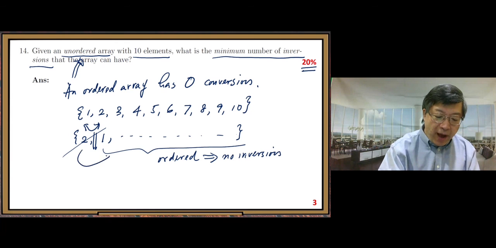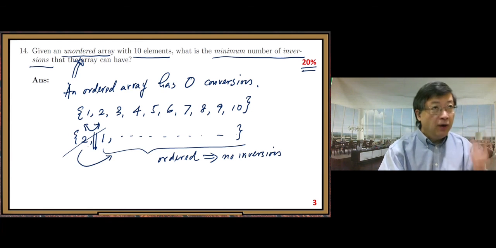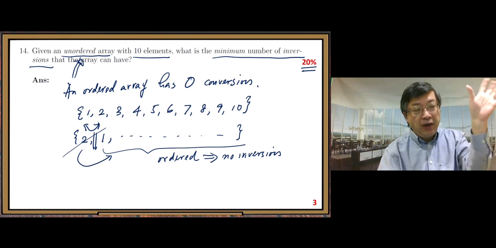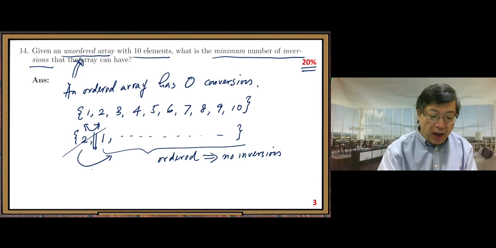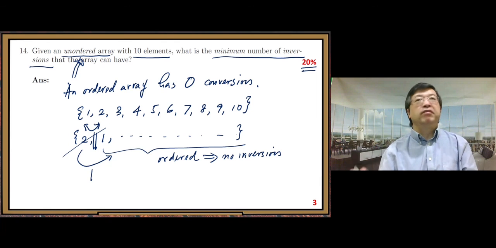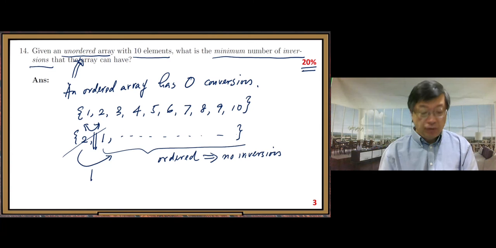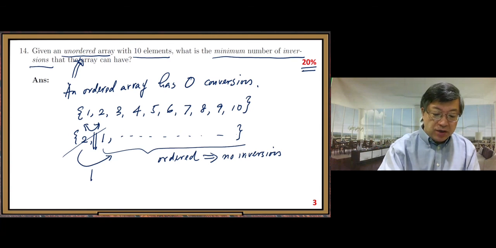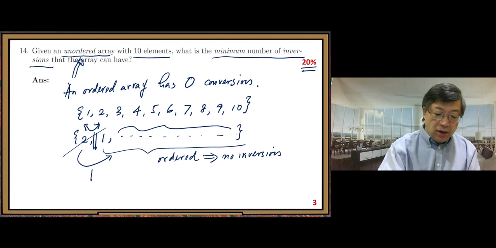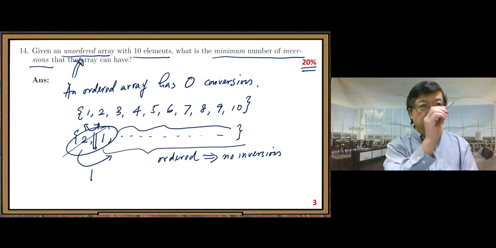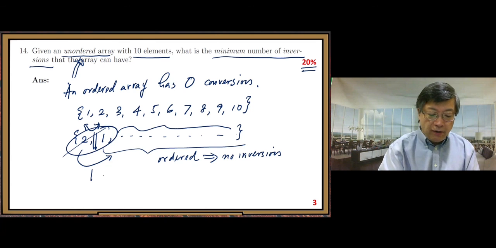Then you add that 2 back, only this new element. After you bring it in, it only adds one inversion, because 2 with respect to the elements other than 1 has no inversion. So the only inversion is from the 2, 1 pair.